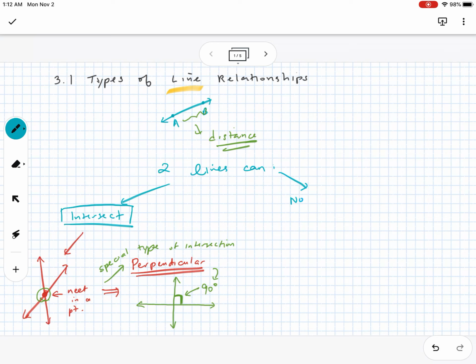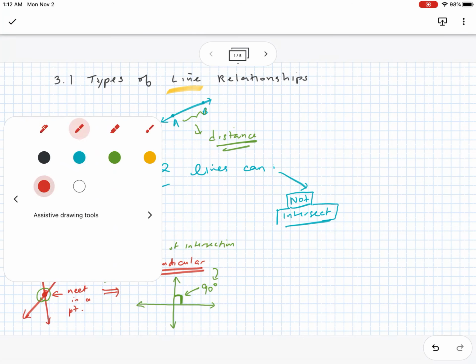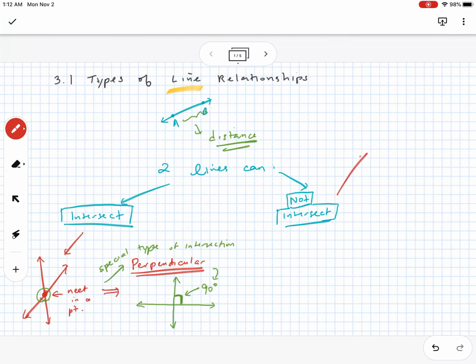And then two lines can also not intersect, which means that they don't meet, right? They never meet in a point. And so when we say that, there's two different options for that.